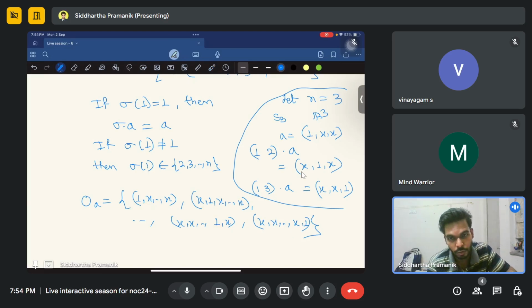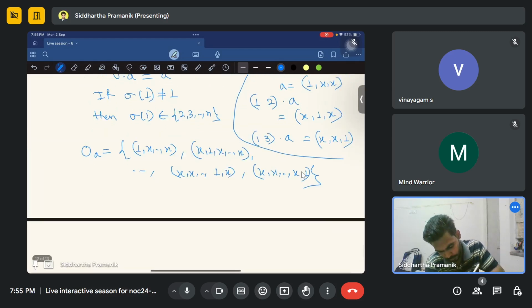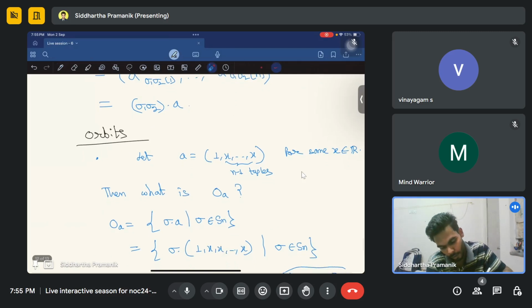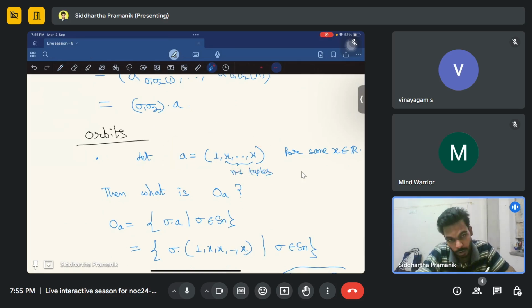So did you understand this? Okay. So this orbit has exactly n elements. So we have found the orbit of just this type of elements.